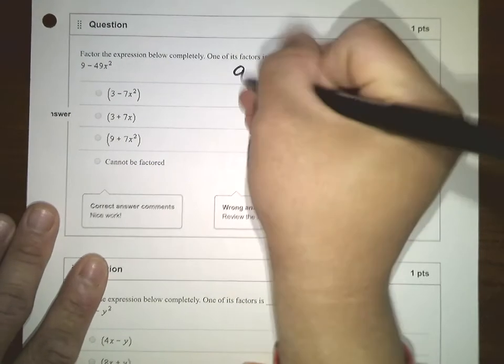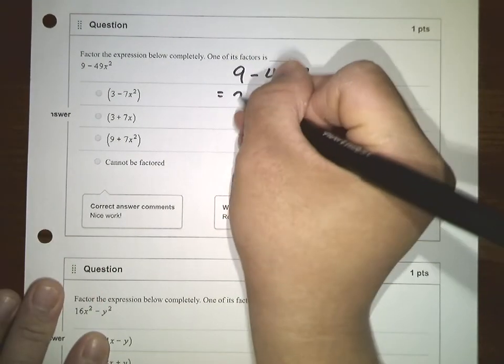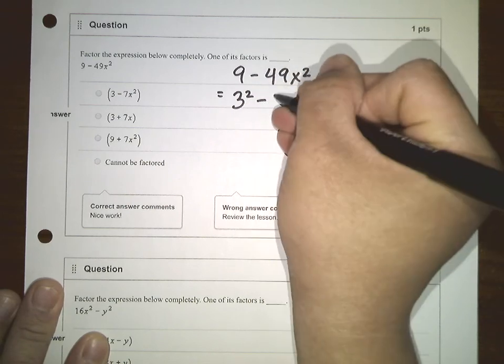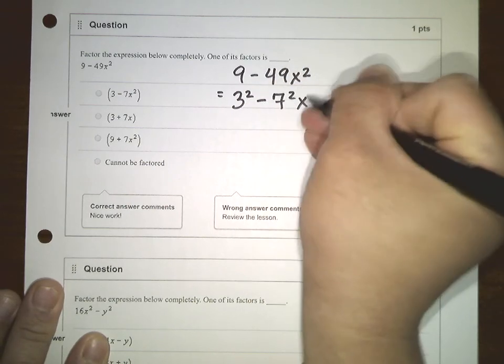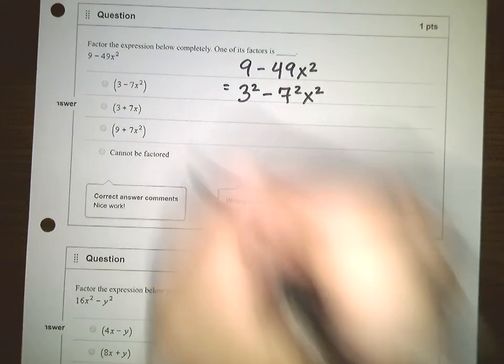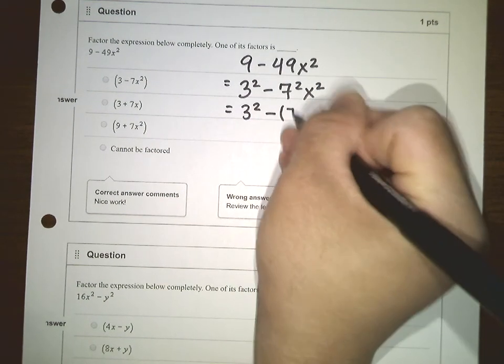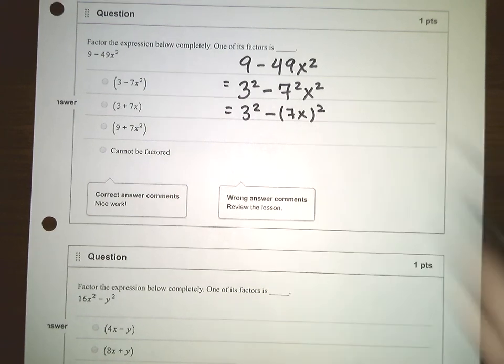Here we have 9 minus 49x squared. 9 is 3 squared. 49 is 7 squared. So I have 3 squared minus 7 squared x squared. I can write the 7 squared x squared as 7x all squared.